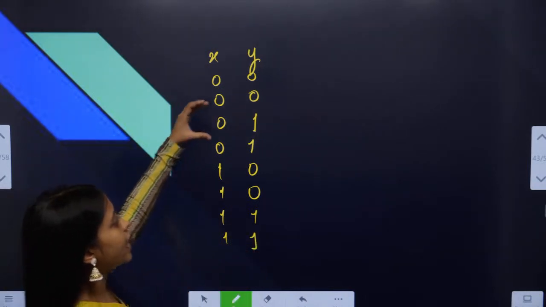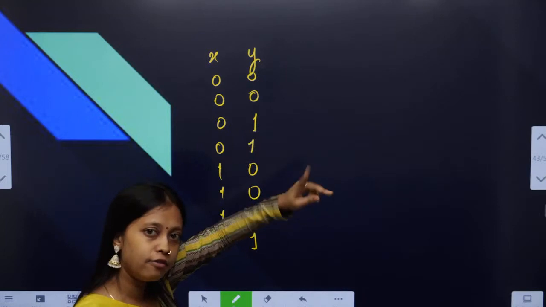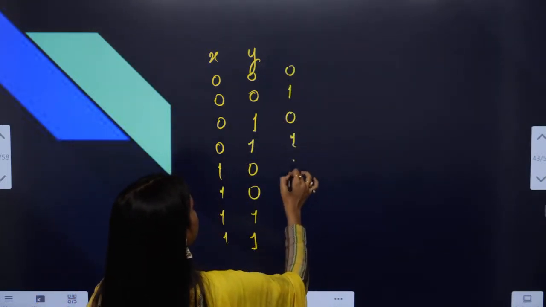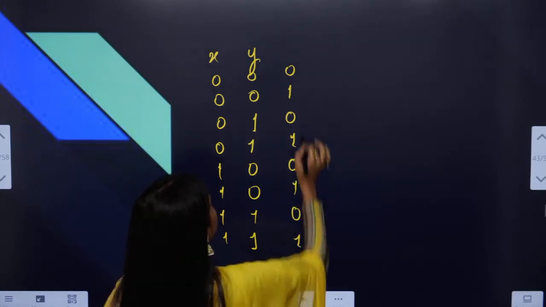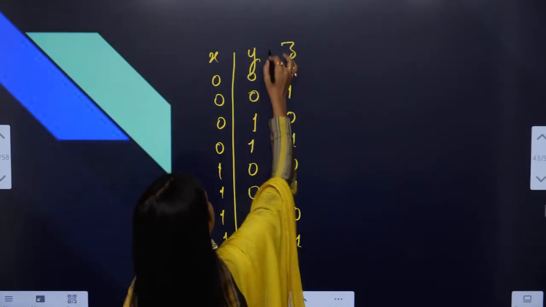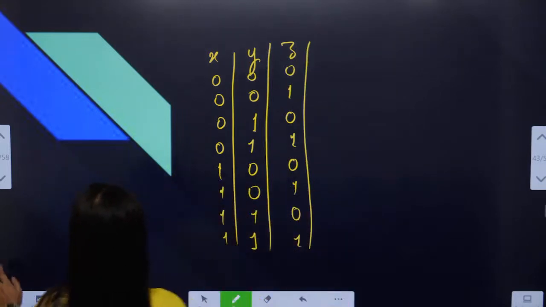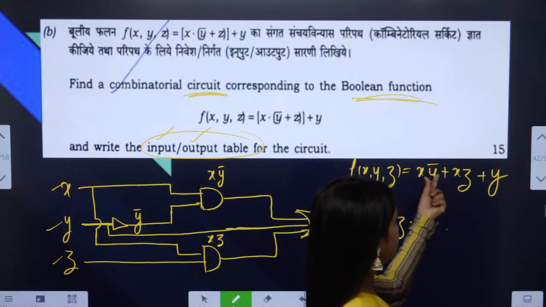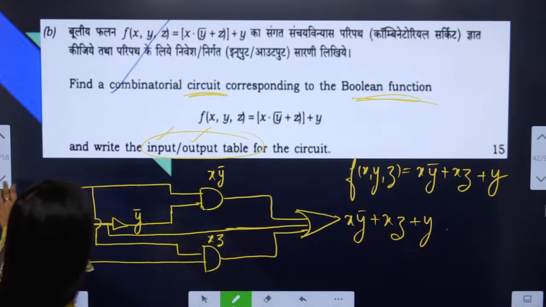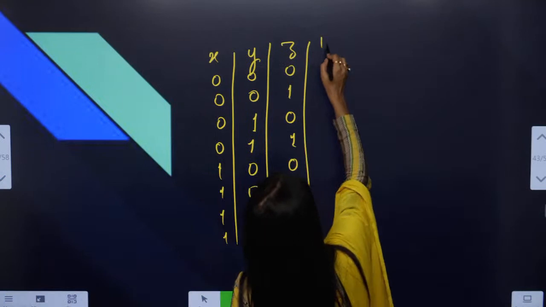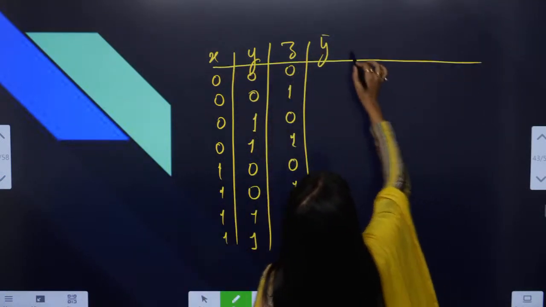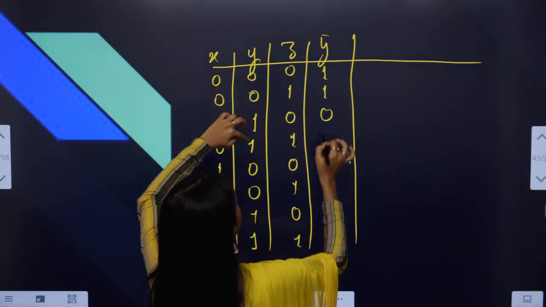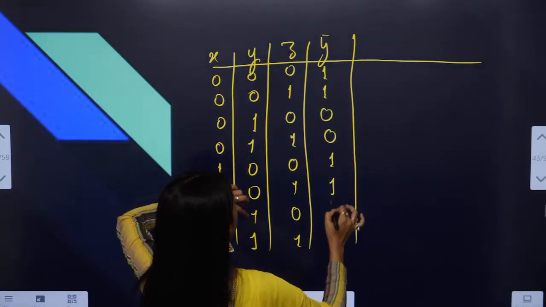Why have I written 2? Because for z I will have 2 choices for each of them, 0, 1, 0, 1, 0, 1, 0, 1. This is z. What you need to do? First of all, I want my y dash because I want to multiply. This is y negation, for y you have to change the value: 1, 1, 0, 0, 1, 1, 0, 0.